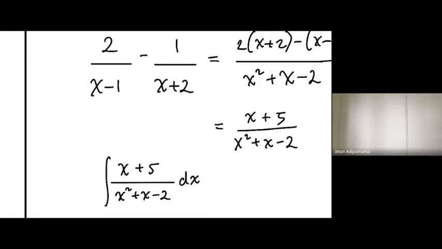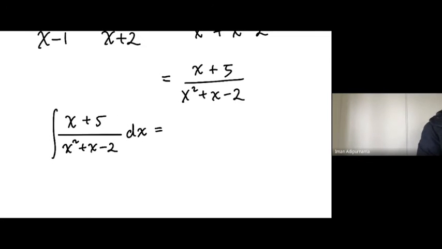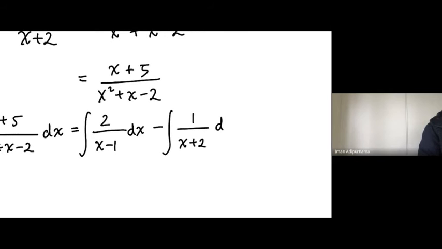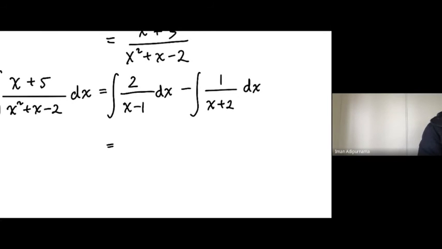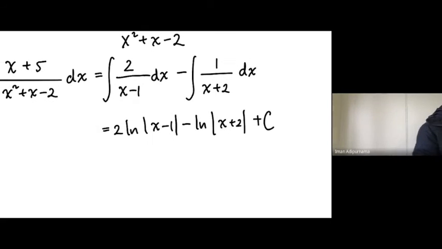Okay. So this becomes the integration of 2 over x minus 1 dx, and the other one is 1 over x plus 2 dx. Okay. This becomes 2 ln of x minus 1, minus ln of x plus 2, and then plus c.